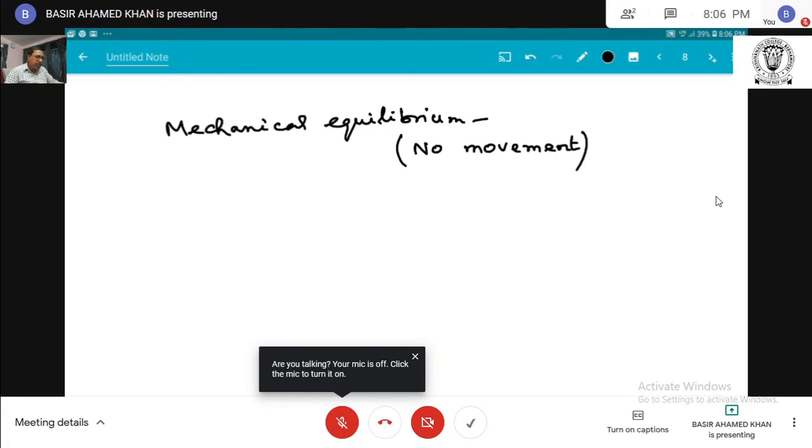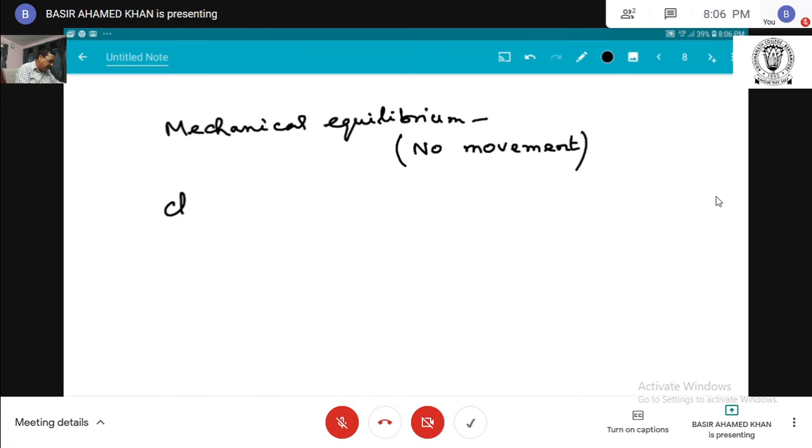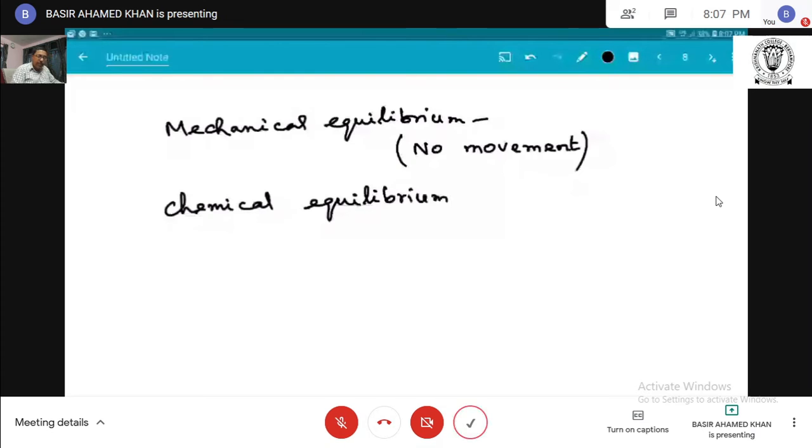What is chemical equilibrium? That means there should be no chemical reaction within the system. No chemical reaction within the system.